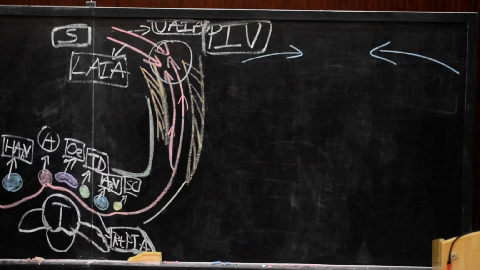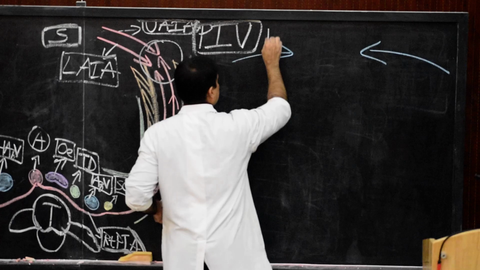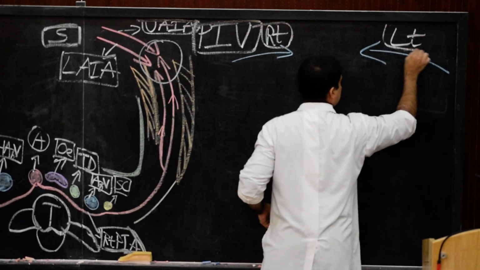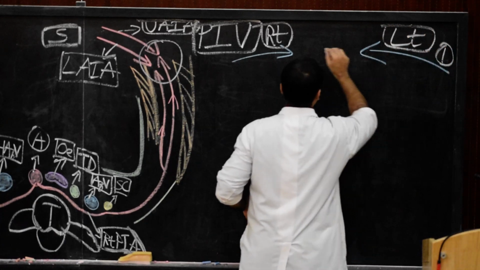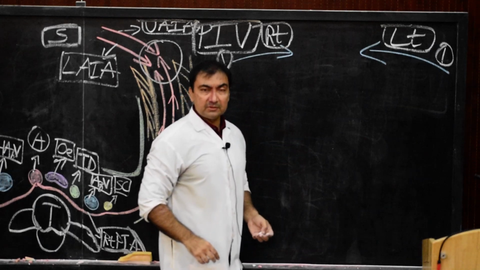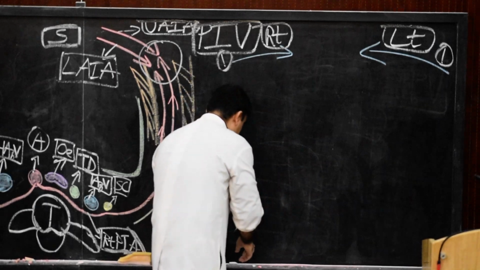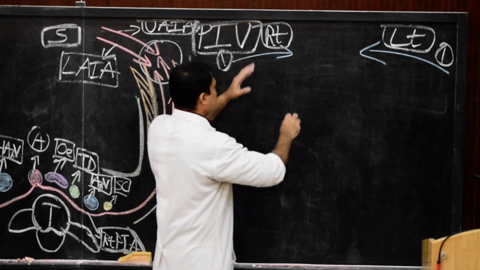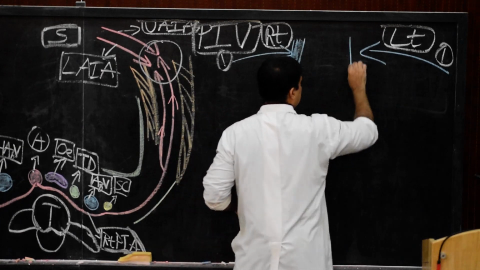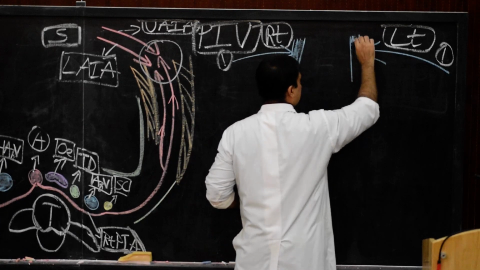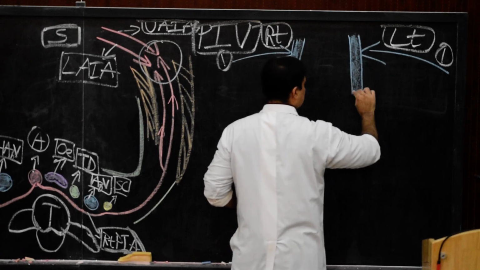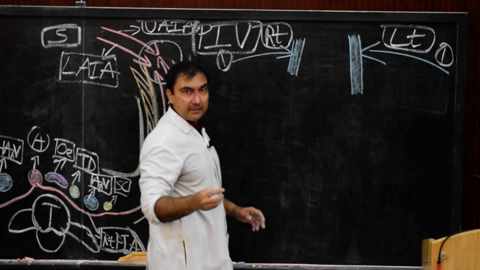And if I mention the right first posterior intercostal vein and the left first posterior intercostal vein, remember, they will drain into the brachiocephalic vein. The right first posterior intercostal vein will drain into right brachiocephalic vein, and the left one will drain into the left brachiocephalic vein. So these are the two brachiocephalic veins which I have drawn.